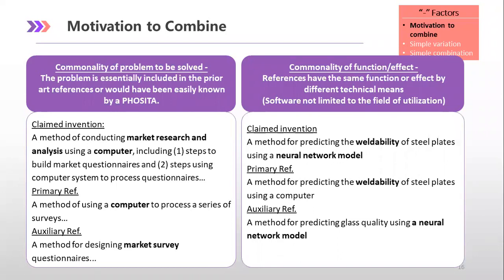The primary reference is about the use of a mathematical model to predict weldability. And the second reference is about the use of a convolutional neural network model to predict glass quality. Well, the teachings in the two references have commonality in the functions or effect of using models to predict the properties of materials. And therefore, there is a motivation to combine these references.